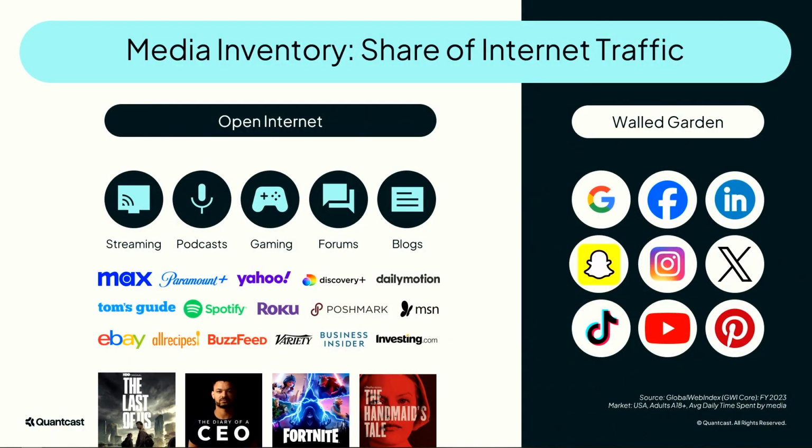And the first is an area we call the open internet. Think about this as channels that we spend a lot of time and energy in, like connected TV, podcasts, premium websites, mobile apps. And the second is walled gardens, which we all know really well, search and social.